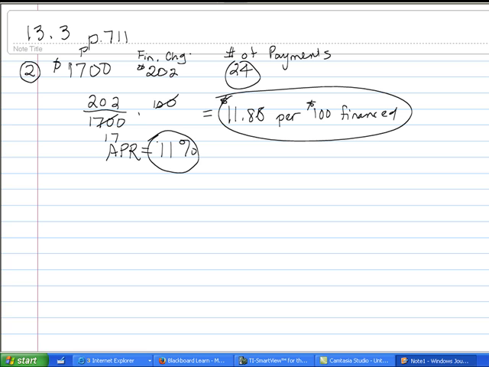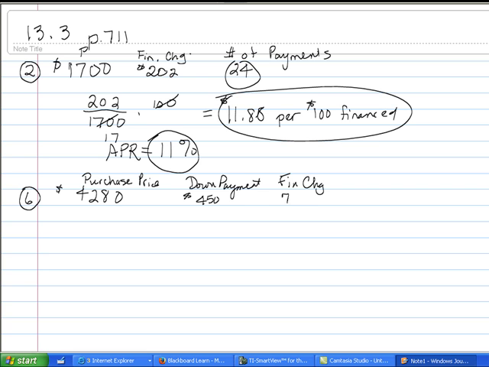Now we want to find the monthly payment. In number 6, we're given the purchase price, the down payment, which is $450, the finance charge, which is $700, and the number of payments, which is 36.